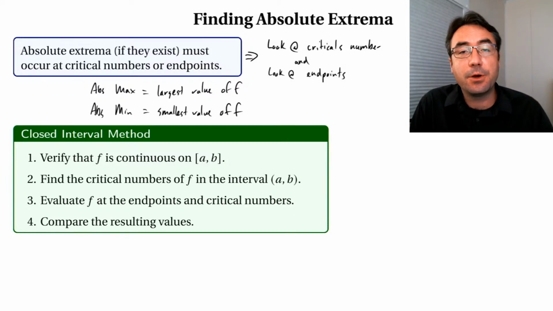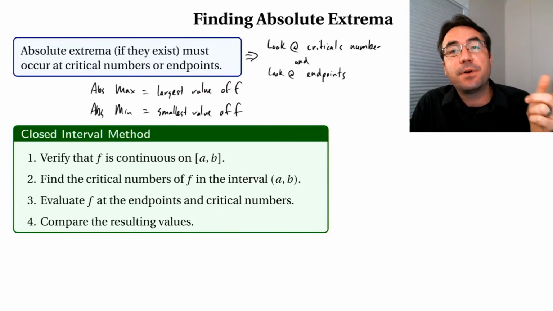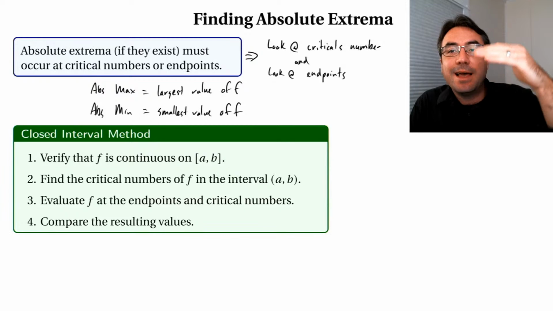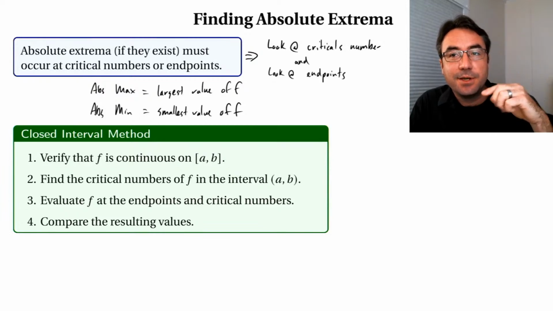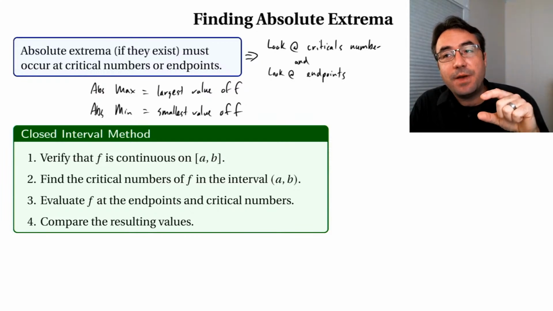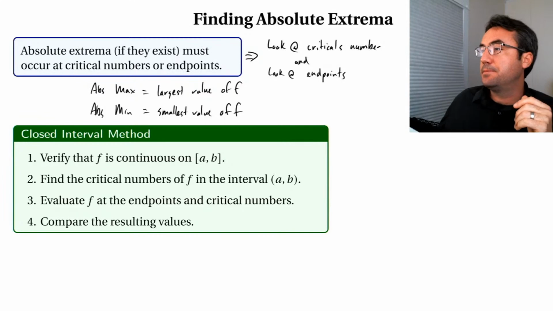Once we have the critical numbers, we plug them into the original function f, plug the endpoints into the original function f, and we just compare the results. The largest value is the absolute max. The smallest value is the absolute min. So let's see an example.